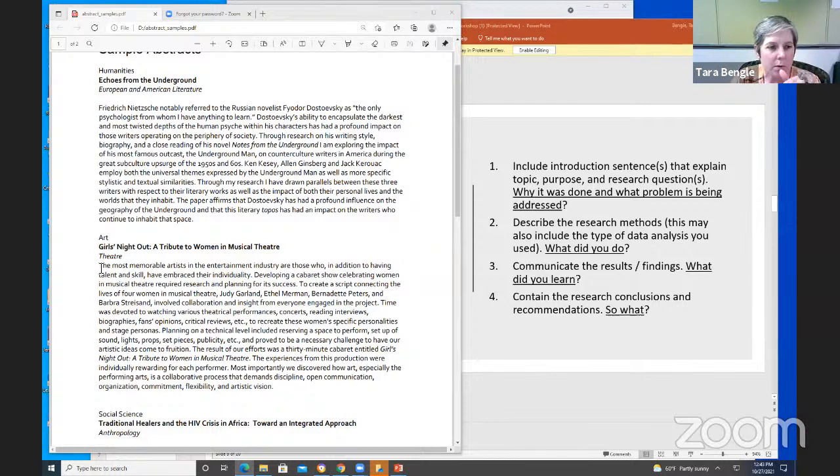But what Isaiah and I did before you got here is we broke down this abstract here, where he identified, okay, here's our introductory sentence with the topic and the purpose. And then right here, the author is describing the research methods.